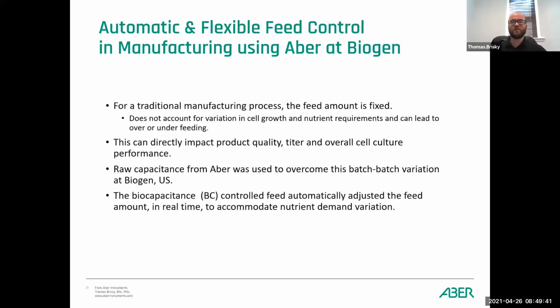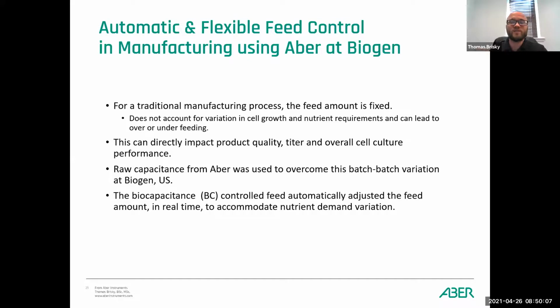The next example comes from a recent publication we had from one of our larger customers, Biogen. But before we take a look at what was done, it's important to understand the background of this work. For any traditional manufacturing process, the feed amount is typically fixed. And this is based on historical batch data where a specific amount of feed is added at specific time points.